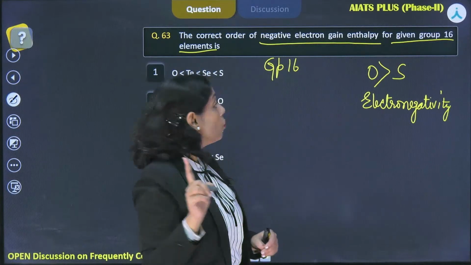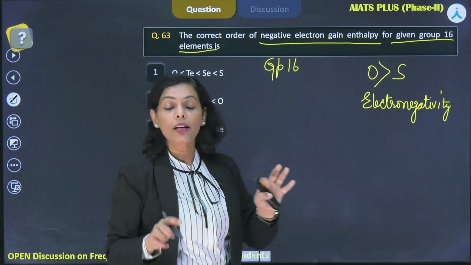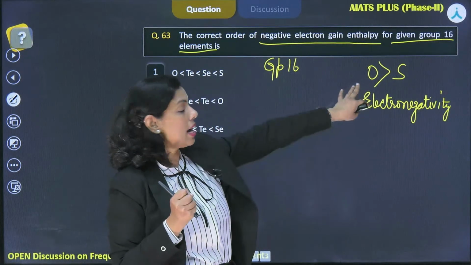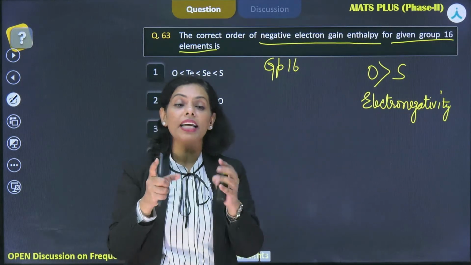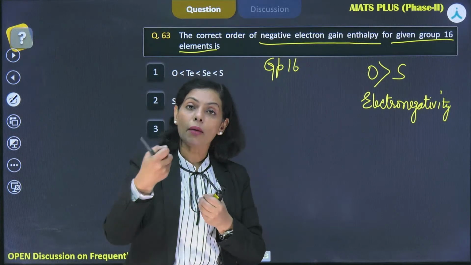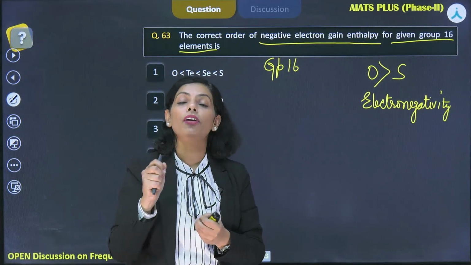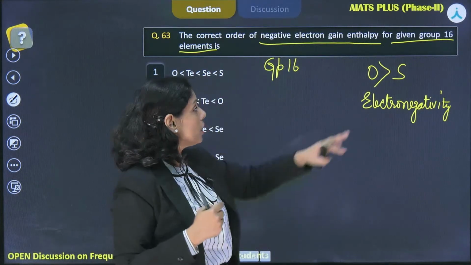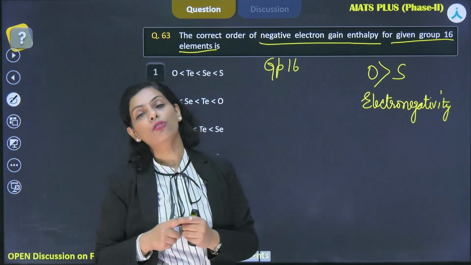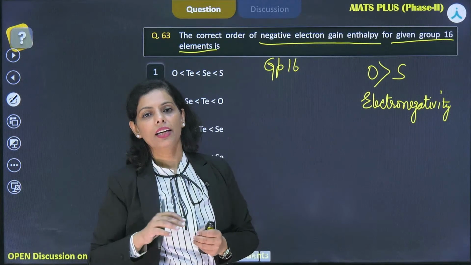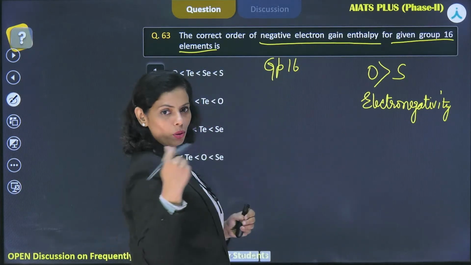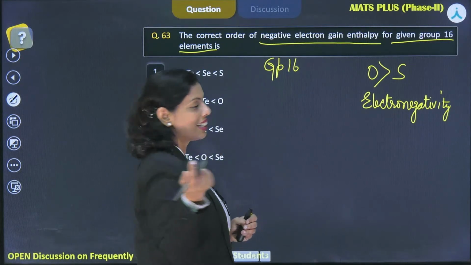But what happens? In the electron gain process, oxygen will attract electron undoubtedly more as compared to sulfur. But that electron should be gained, and for the coming electron, that electron will feel more and more interelectronic repulsion. And that leads to the less negative value for electron gain. Right? Hello, Yuvraj. I am able to read your name, though it was written in some other script.